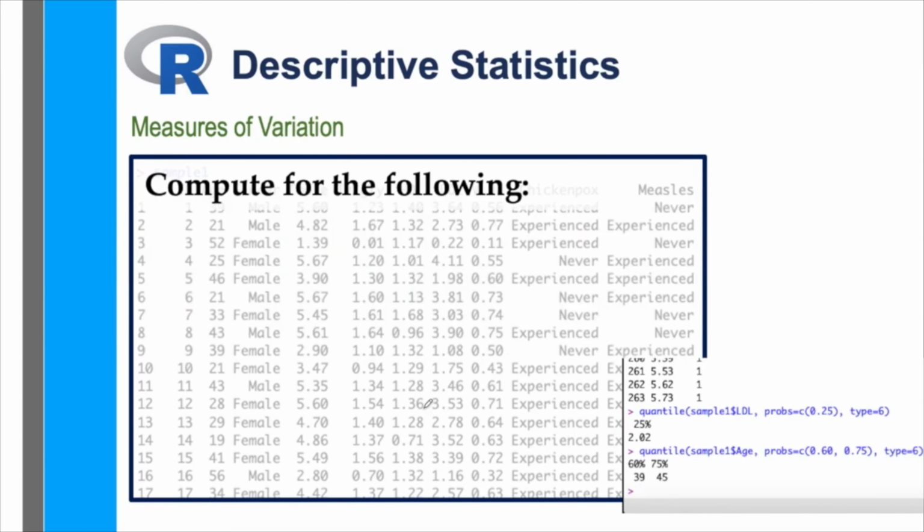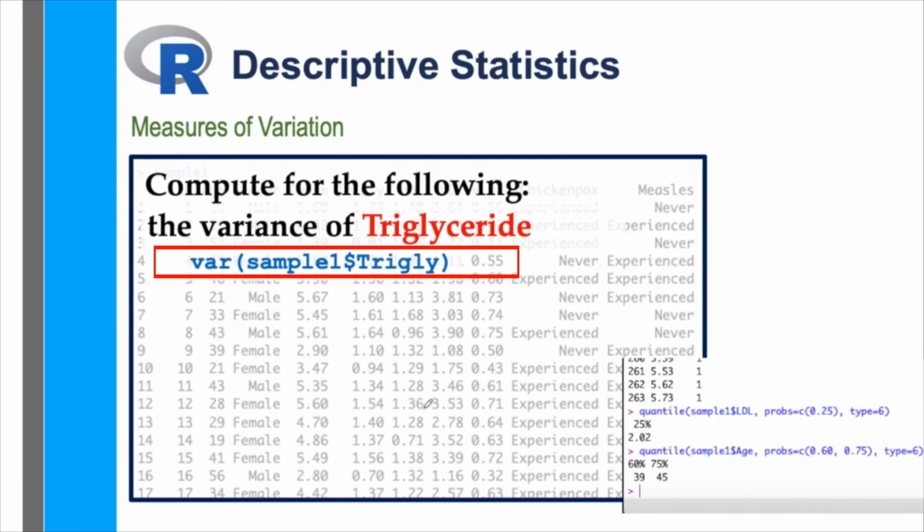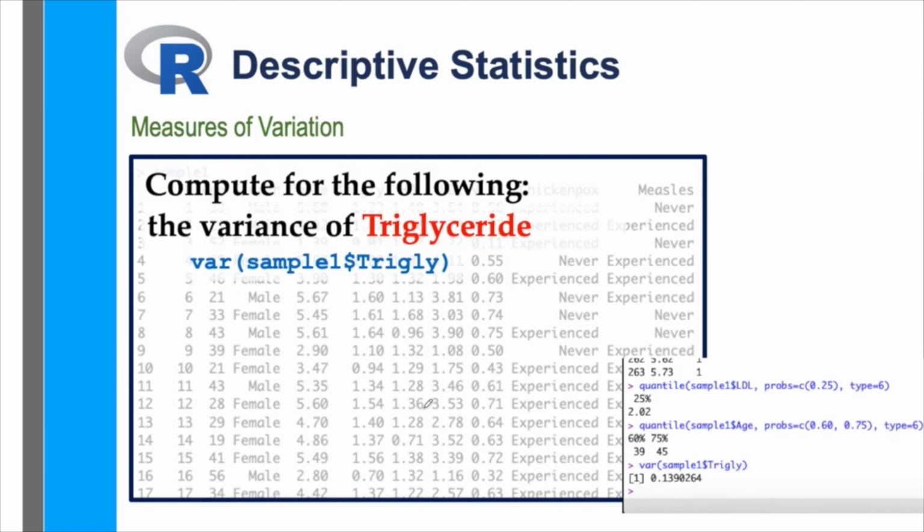Now, for the measures of variation, let's try to find the variance of triglyceride. That is simply var and then sample1$trigly. So that is 0.139 or 0.14 millimoles per liter. Don't forget the unit of measurement.